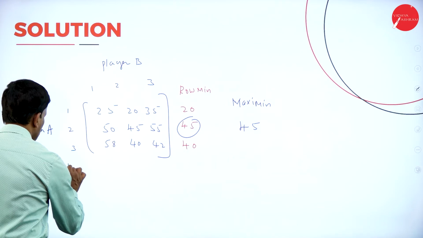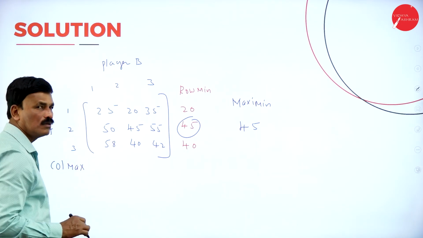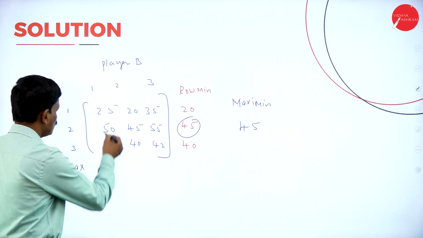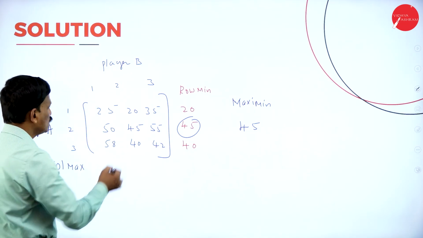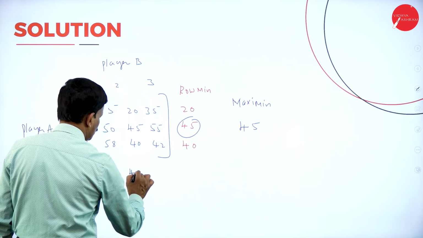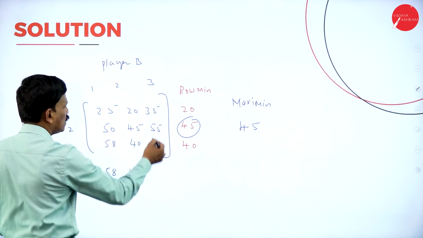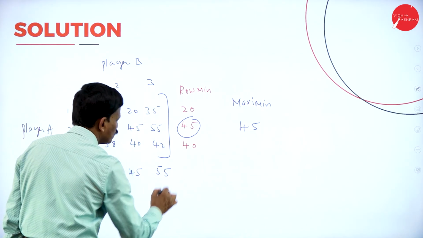Similarly, find out the column maximum. Maximum value in the first column: in the first column, the maximum value is 58. In the second column, the maximum value is 45. In the third column, the maximum value is 55.